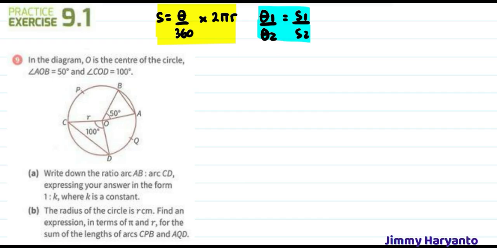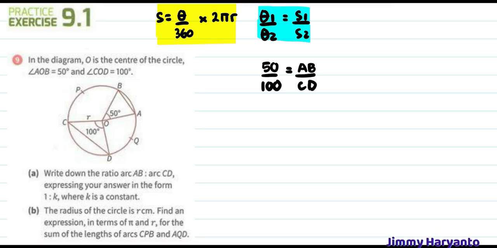For question 9, we have two sectors right here inscribed in one circle. That means you can use the ratio of the arc length, because the arc length is proportional to the angle. That means we can say that 50 over 100 equals the arc length AB divided by the arc length of CD.